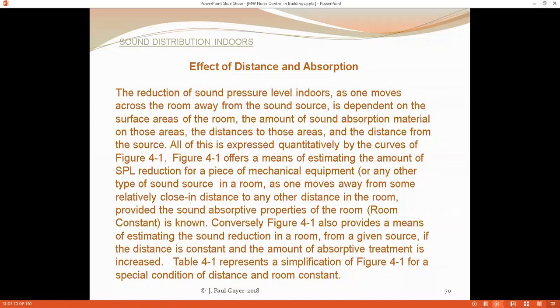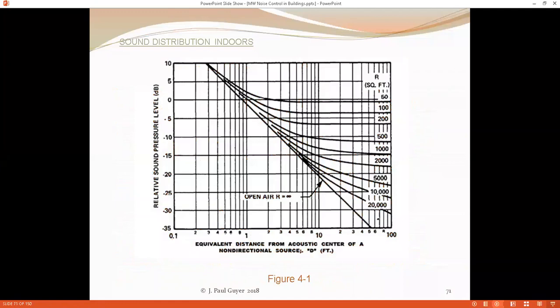And so the main tool that you have available to reduce sound between a source room and a receiving room is the barriers, the walls, the ceiling, the floors.